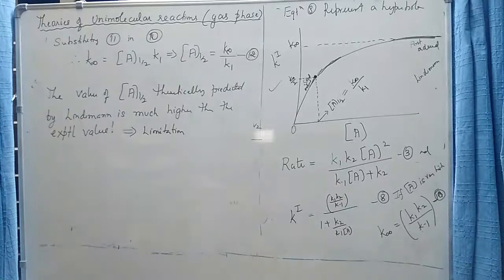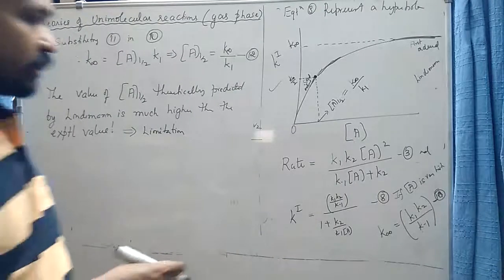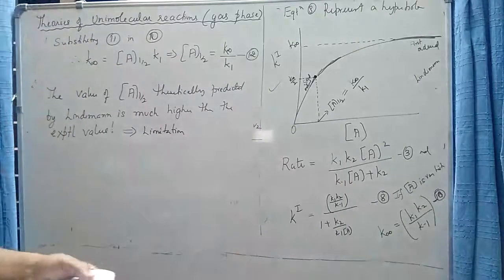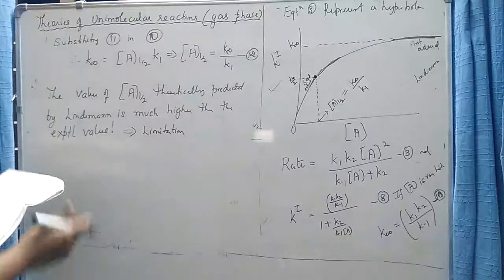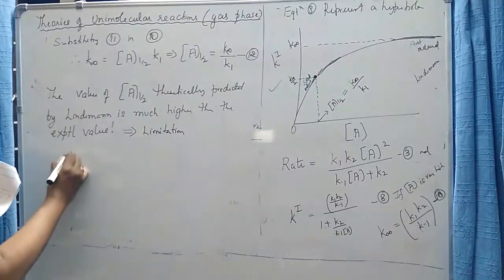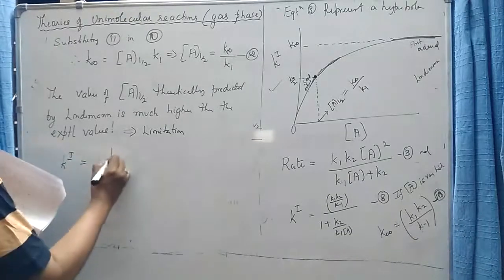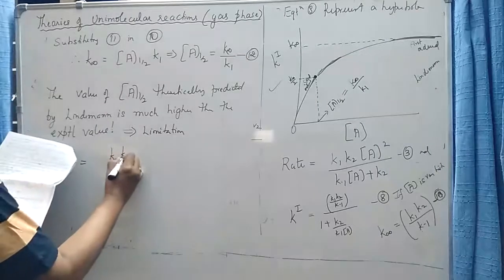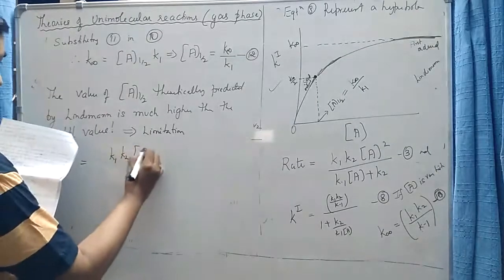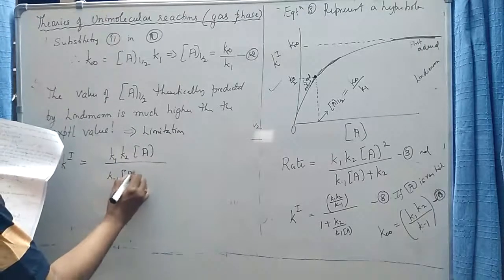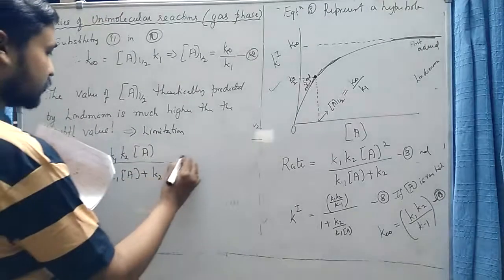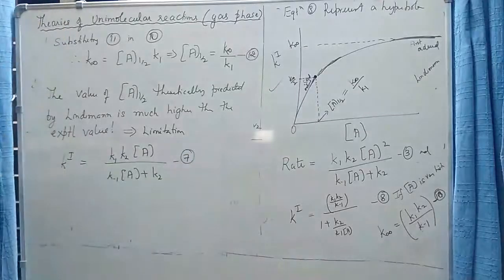The second important limitation of this theory can be observed if we rearrange equation number 7. Let me rewrite equation number 7: k1 is equal to k1 into k2 into a divided by k minus 1 into a plus k2. Let us take the reciprocal of equation 7.